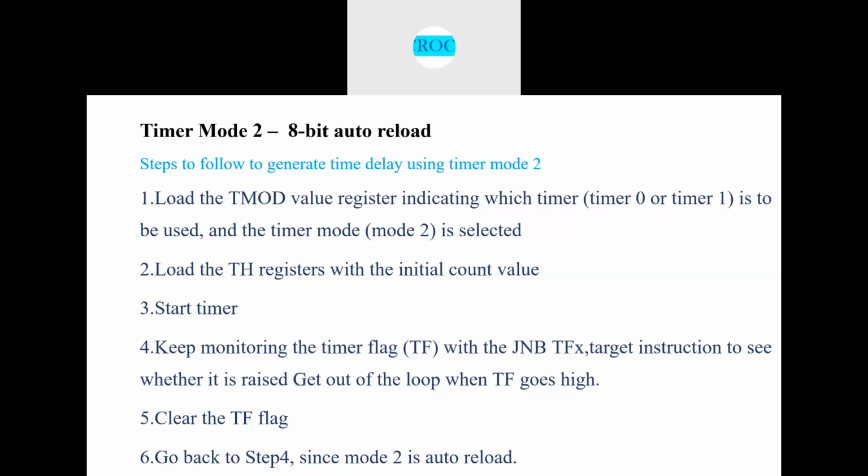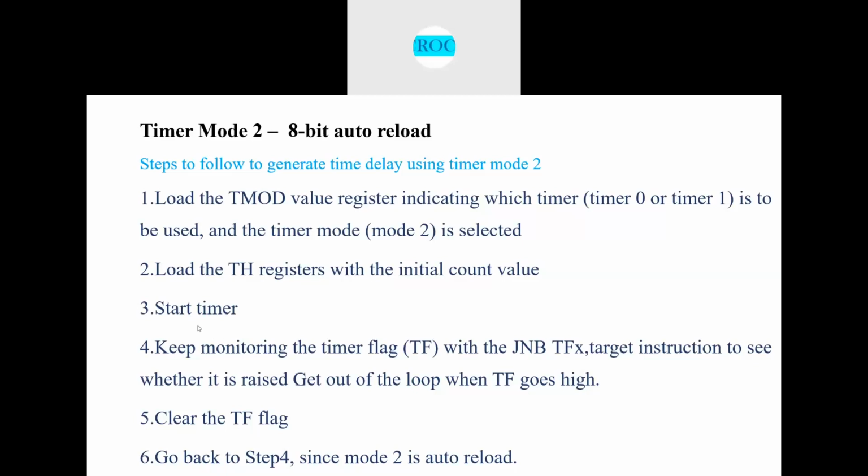At that time, the TL register will be loaded with the initial count value we have in the TH register. If the TH register has a value of A0H, the TL register will also have a copy of A0H. From A0H, it will keep on incrementing the number of counts.